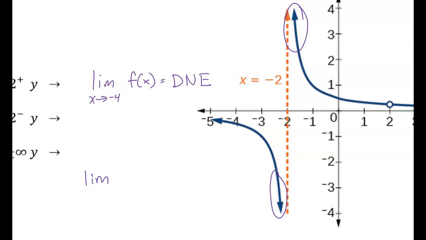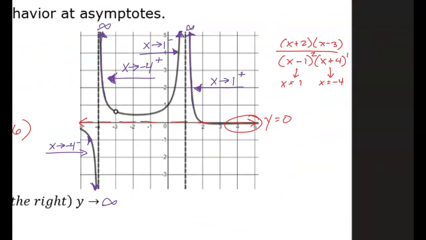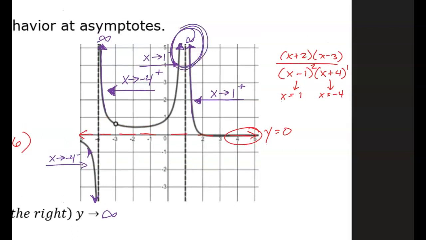Because it's not the same limit. It's not the same value of infinity or negative infinity. They're split. Only when they're going in the same direction like they are here does the limit exist. We are for sure not going to get in depth about this because you do this a lot in calculus.